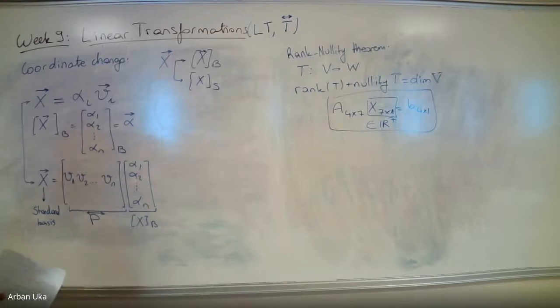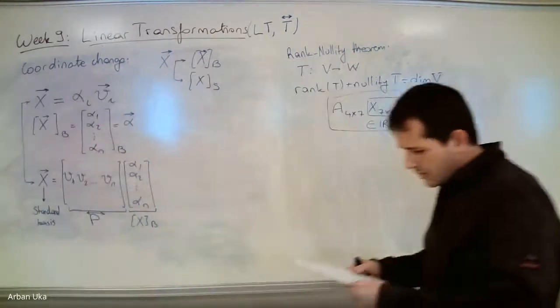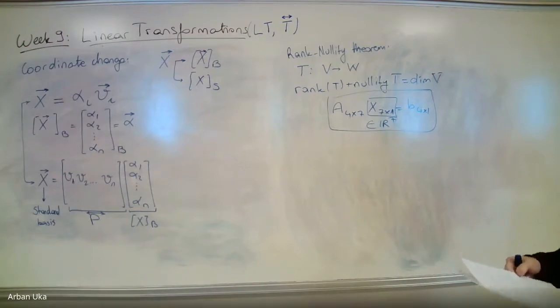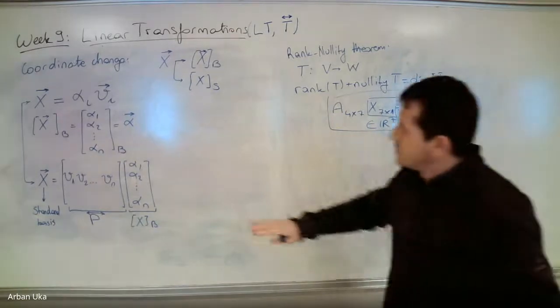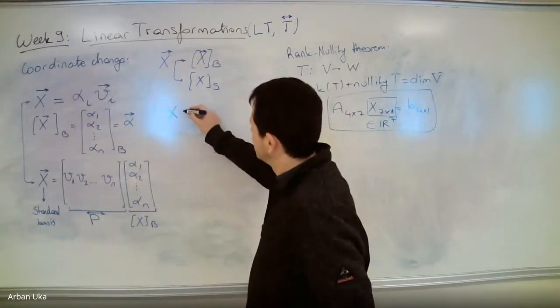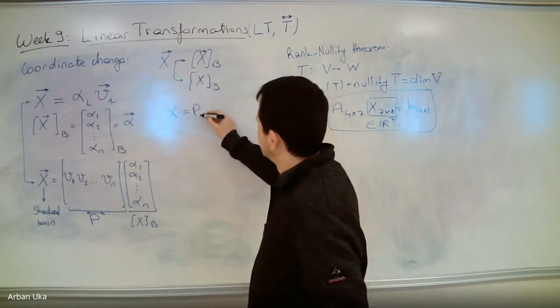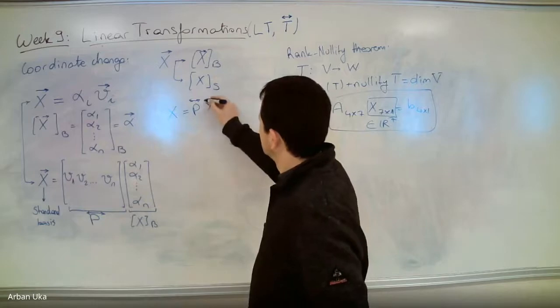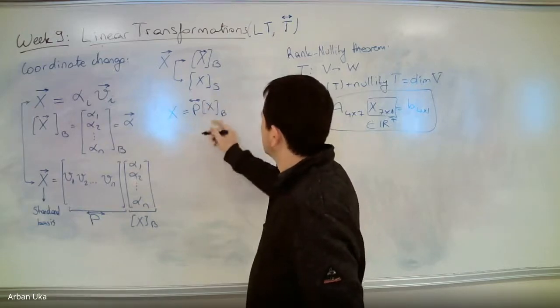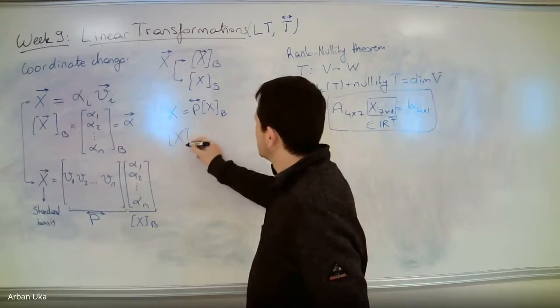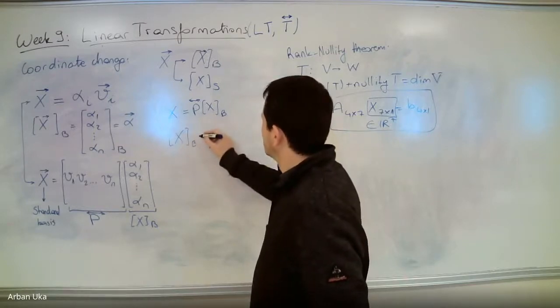Now, with all of this that we have on the board, I believe the best thing is to offer an example. But for the moment, from what we see on the board, we have that x in the standard basis is equal to the matrix P times the coordinates in this basis B. The question is, how can we find the coordinates of this vector in this new domain?